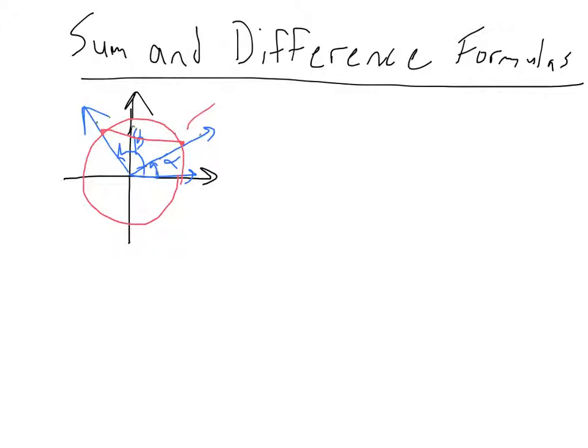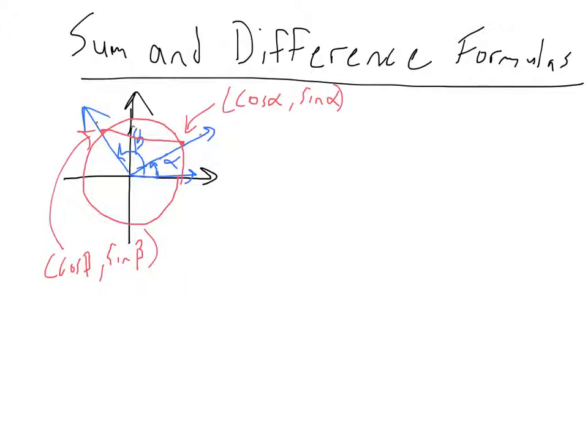This coordinate, because it's on the terminal side of alpha, is going to be cosine alpha, sine alpha. And this coordinate right here is going to be cosine beta, sine beta. So those are my two coordinates there.